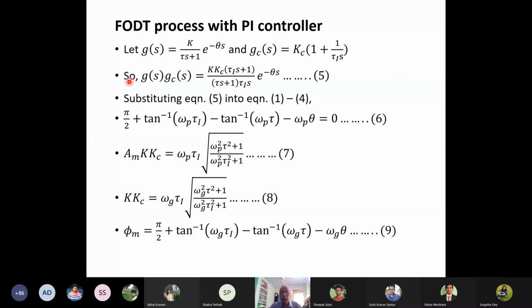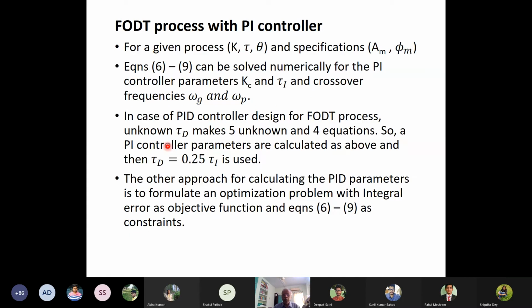So we write: minimize phi, subject to these equations, where phi is basically the integral absolute error. So the other approach of calculating the PID parameter is to formulate an optimization problem with integral error as the objective function and equations 6 to 9 as the constraints.